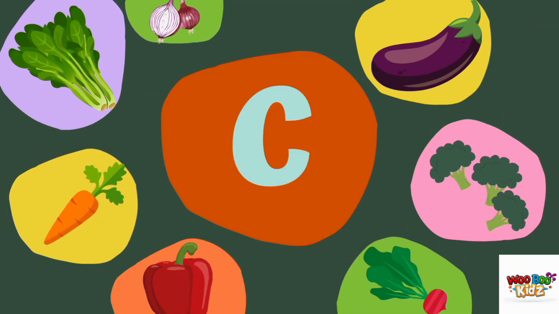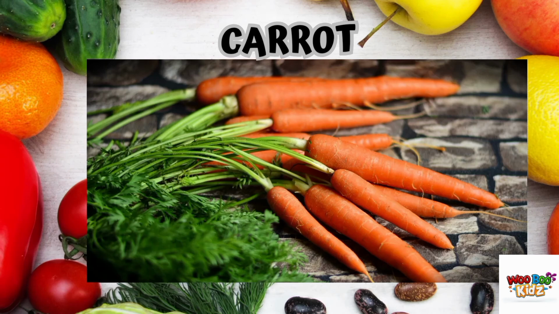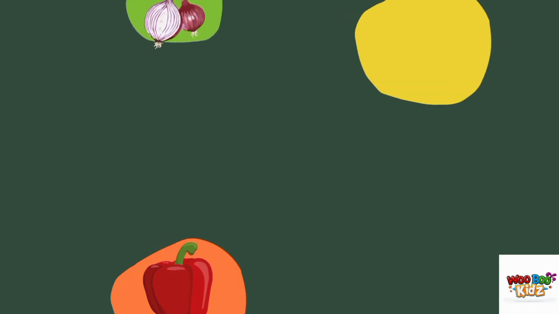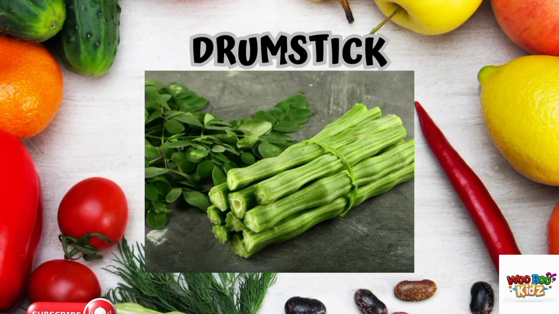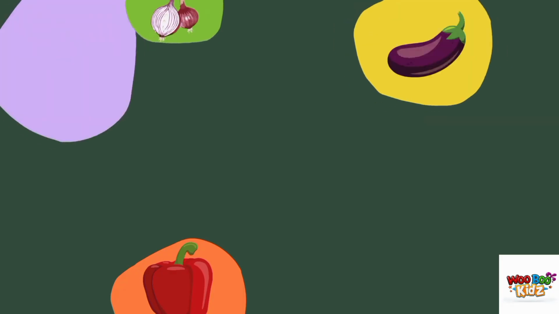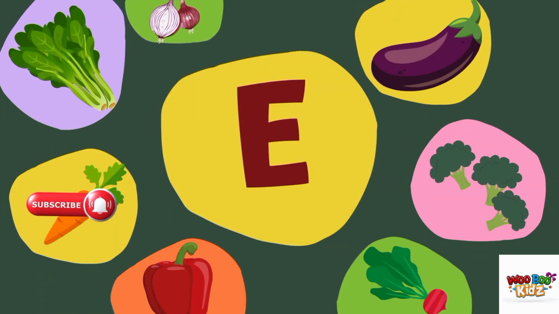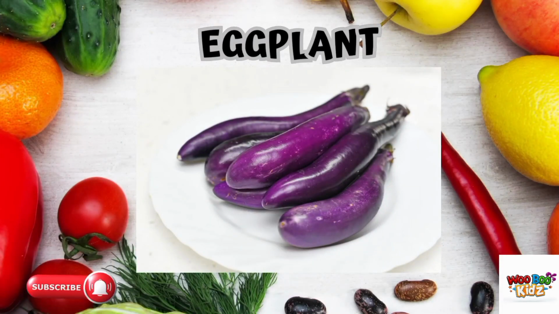C. C is for carrot. D. D is for drumstick. E. E is for eggplant.